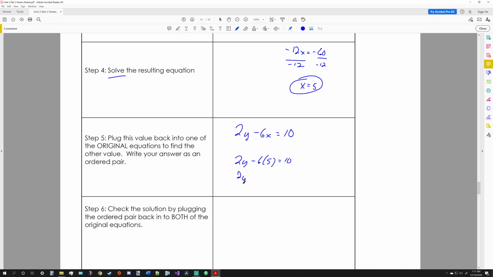And I see that 2y minus 30 equals 10. So I add 30. And then 2y equals 40. Divide by 2. And I see that y equals 20.